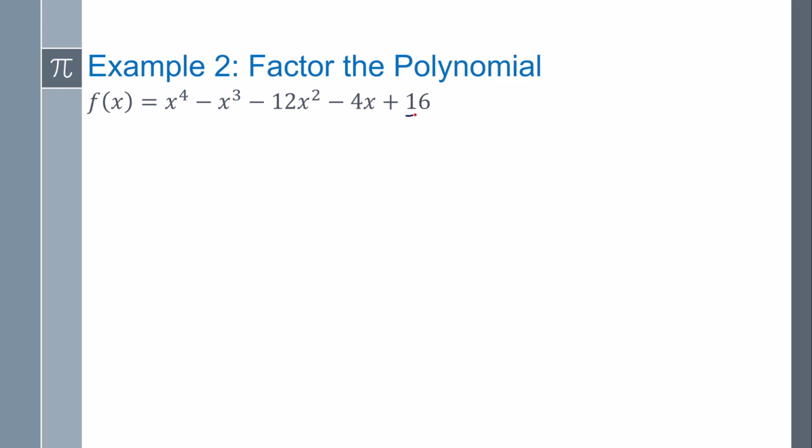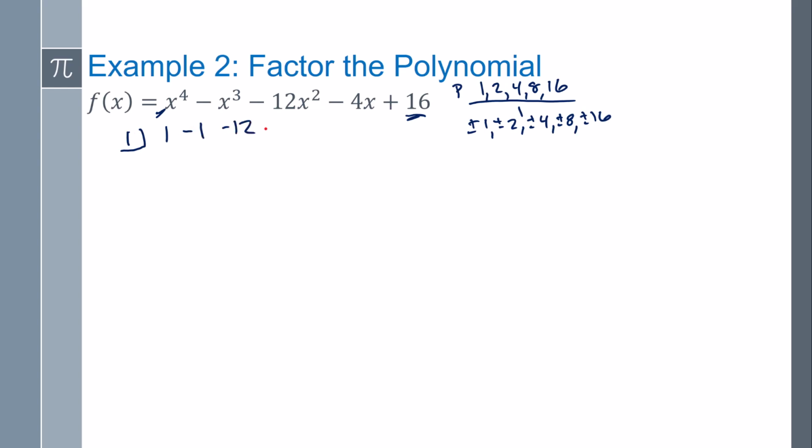So the first thing I need to do again is my p's over my q's. So my possible p's are the factors of 16 and over my q, which is 1. So I get plus or minus 1, plus or minus 2, plus or minus 4, plus or minus 8, and plus or minus 16. So now, going through that, let's test them. Let's try +1.